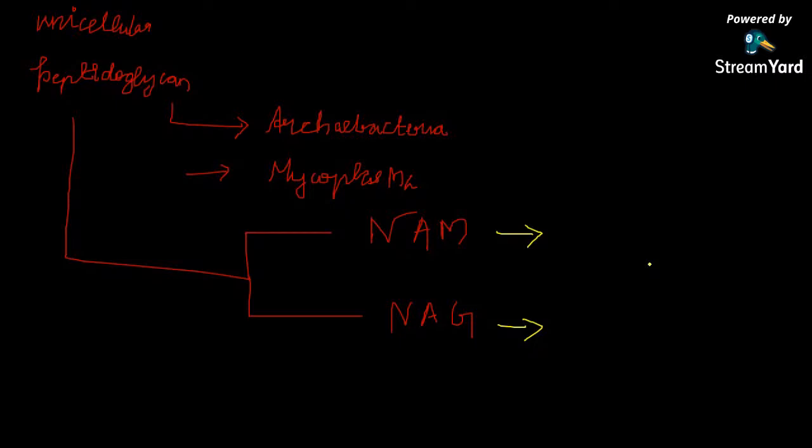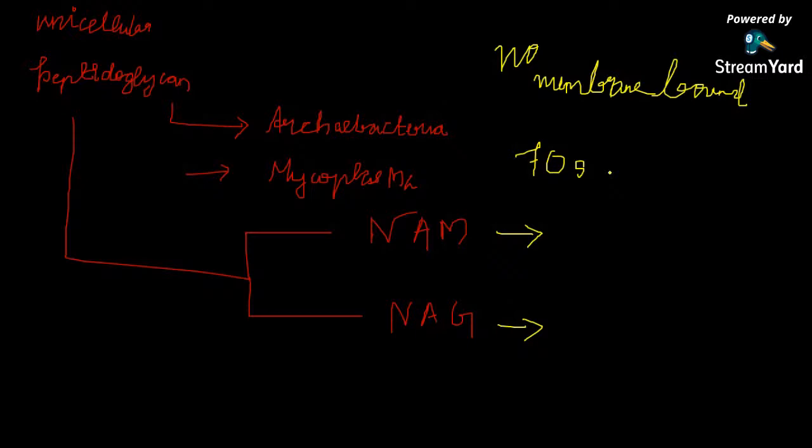Then the next point is that all membrane-bound cell organelles are absent. Instead, 70S ribosomes are present, which is a type of ribosome.